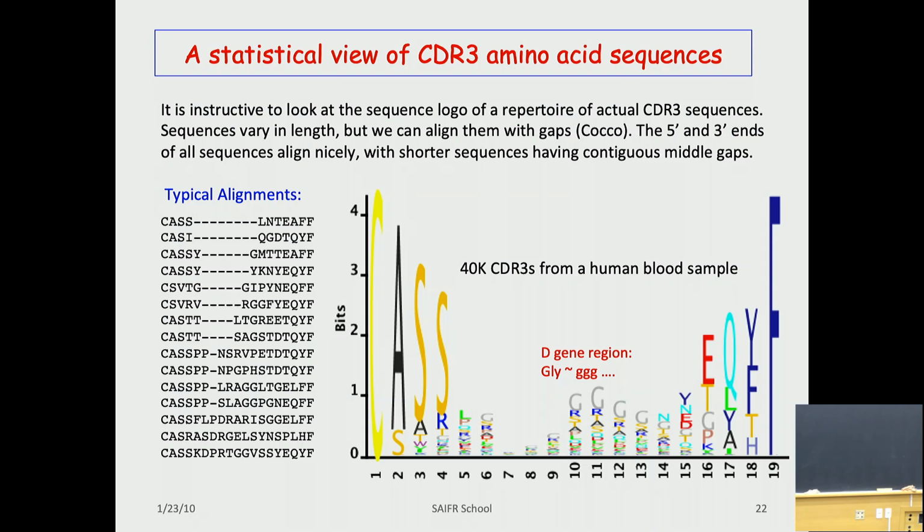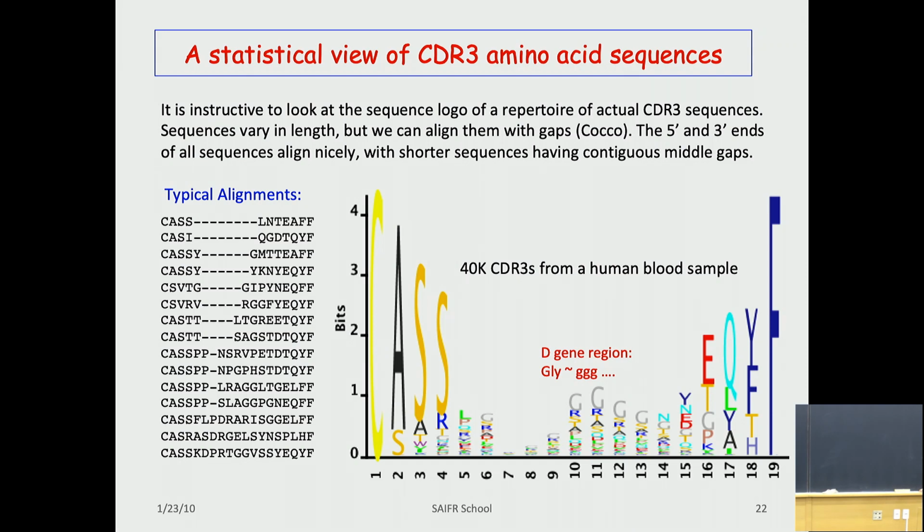a statistical view of CDR3 amino acid sequences. Well, it's worth perhaps looking at this. CDR3, the active region, the CDR3 region of the T cell receptor gene is of variable length. So you have a little bit of a technical problem if you want to compare sequences and ask about gene utilization.